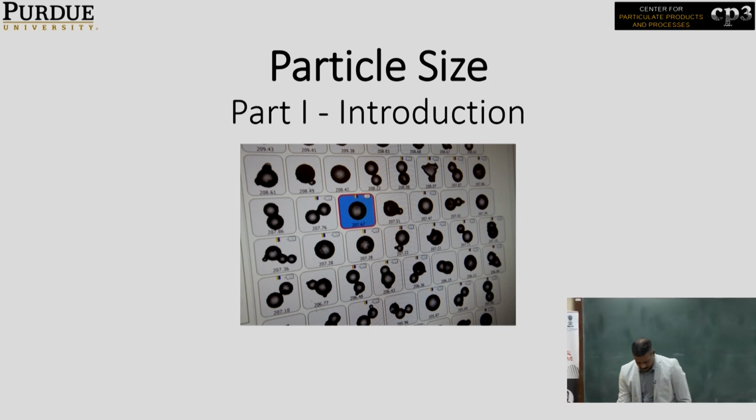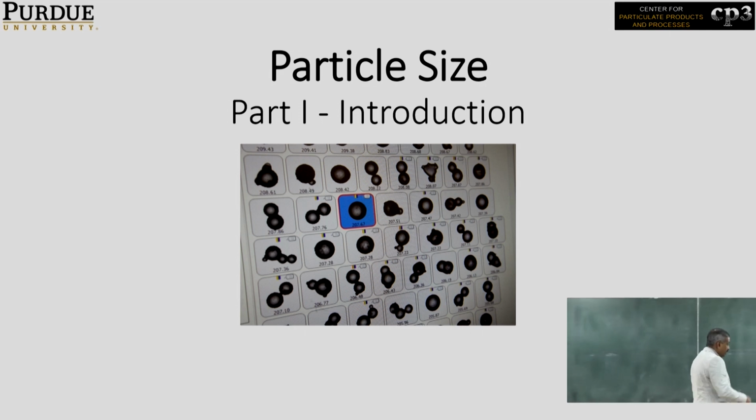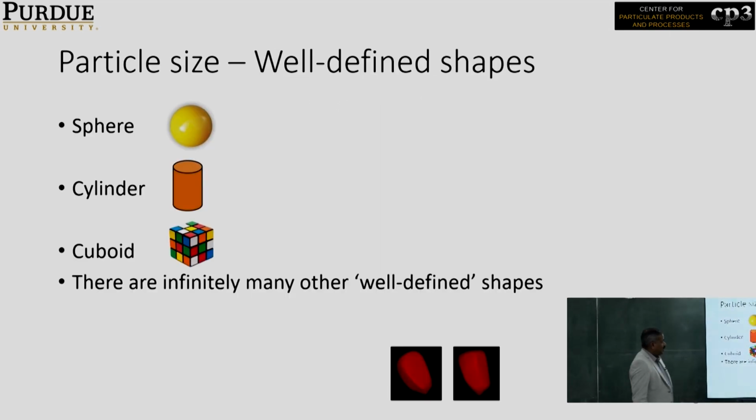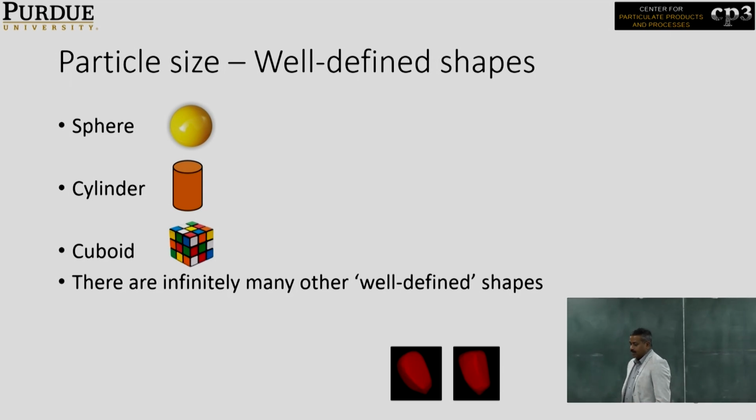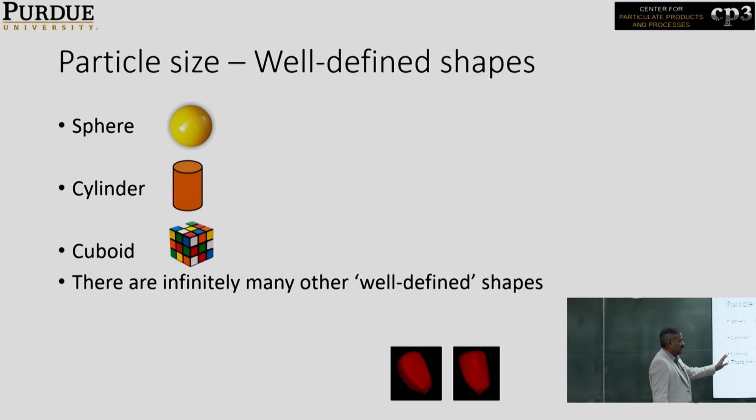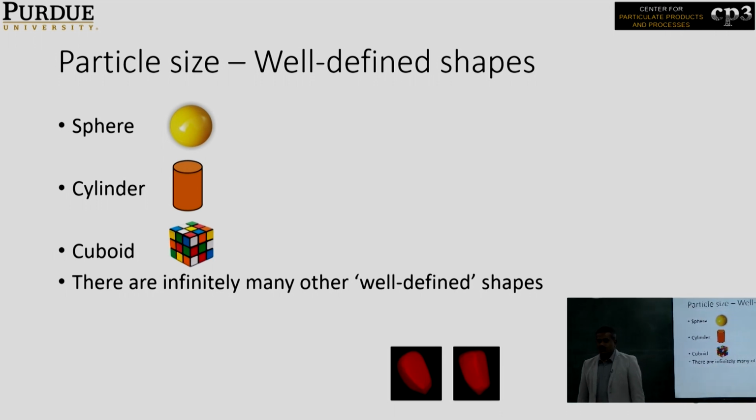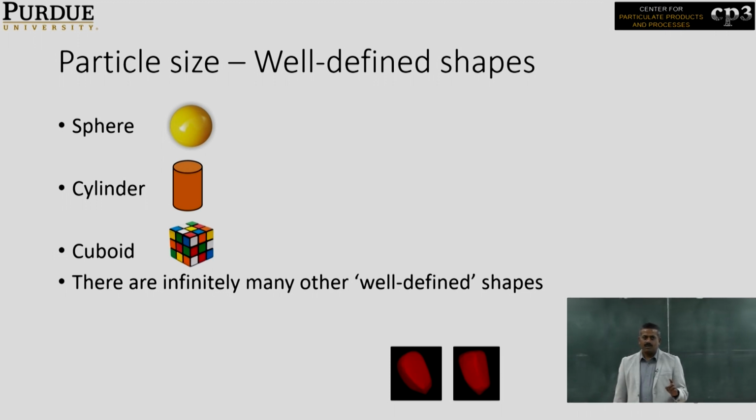So for any process development, process streams, particle size characterization is important. Again, unfortunately, we are not dealing with well-defined shapes, right? For example, spherical particles, cylinders, cuboids, etc., those are well-defined shapes, so you just need one number to tell the size of that material.